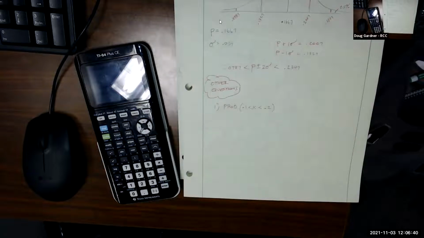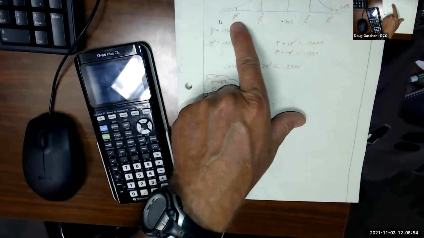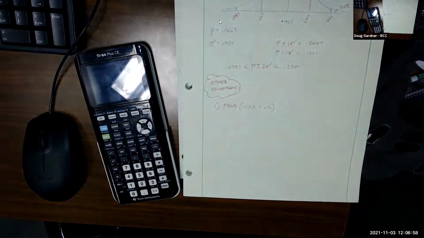So from a casino perspective, if this was a game, I'm going to roll 120 dice. What's the probability that between 10 and 20% of them will be 5s? Notice the empirical rule won't answer that. The empirical rule only answers it based off of exactly 1 standard deviation. But again, this is a normal distribution. So this is just like in the last section, this is a normal CDF question.